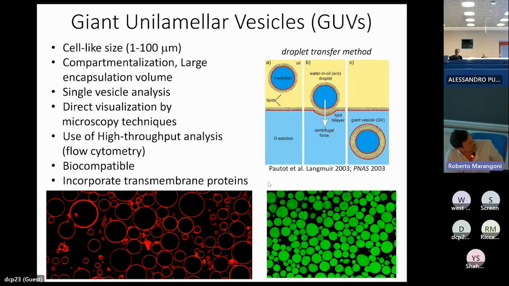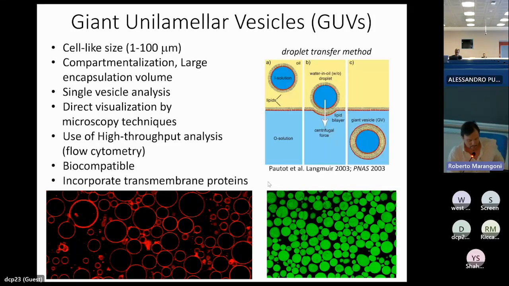In this way, you can put what you want inside the vesicle, and it remains located inside. You can see here some imaging from confocal microscopy, and the fluorescent probe inside the vesicle remains inside. Also, you can label the membrane of the vesicle.